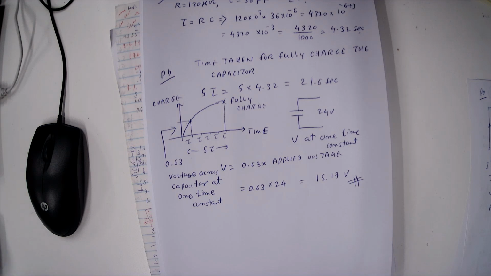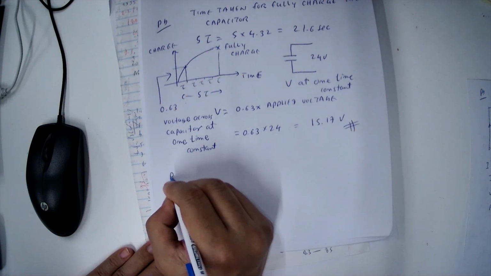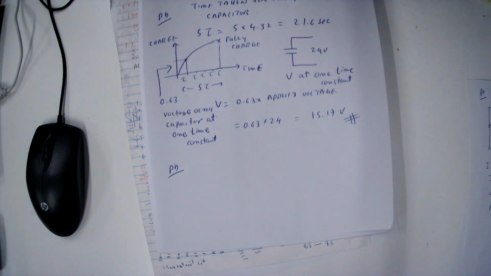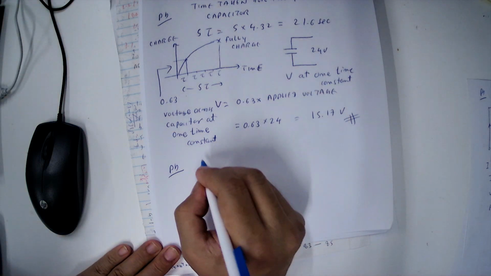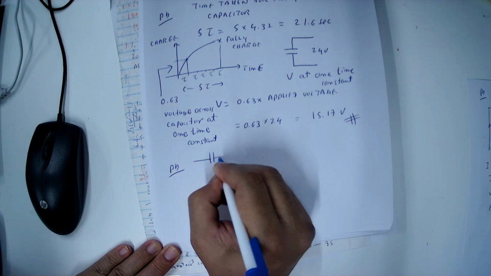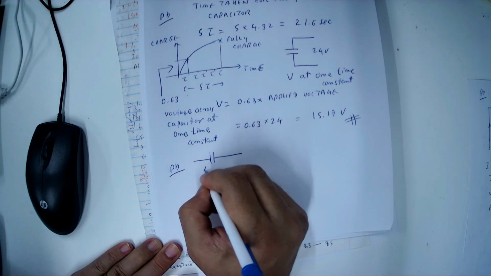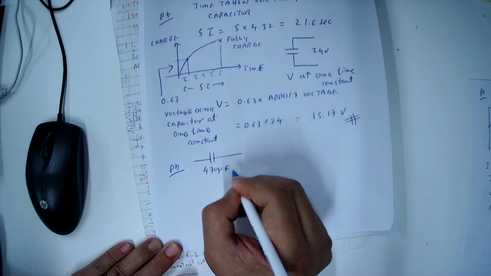Okay, the next problem. The time taken to fully charge a 470 microfarad capacitor is 28.2 seconds. We have to find the time constant. This is the capacitor value: the capacitor is 470 microfarad.